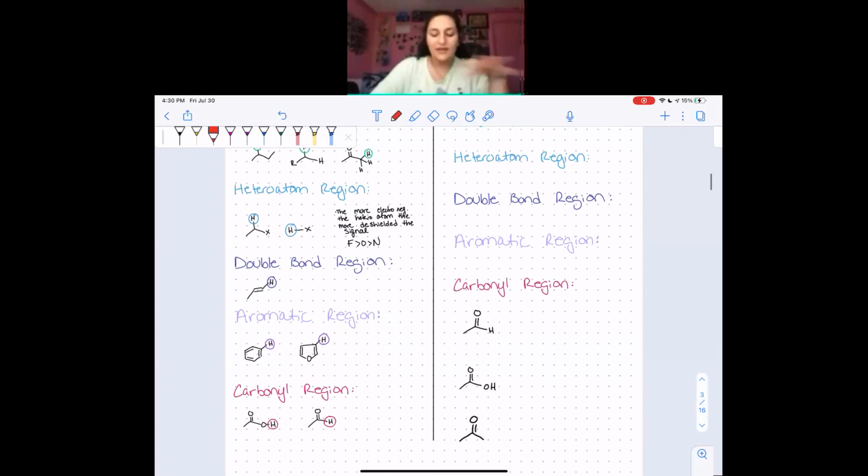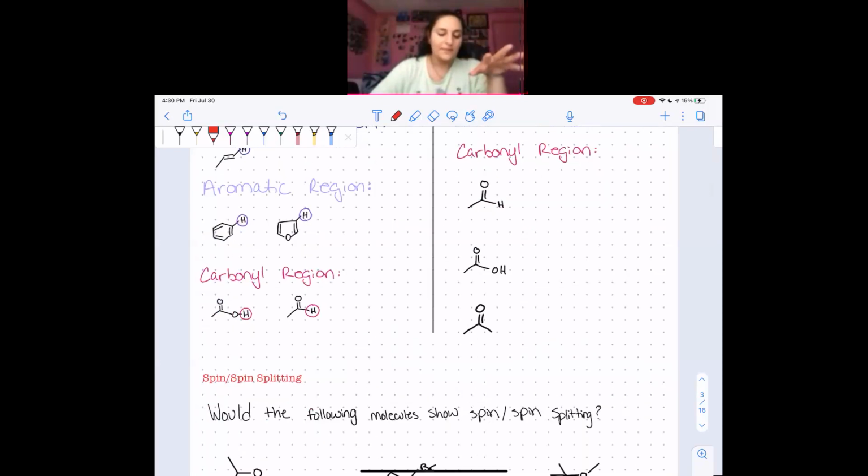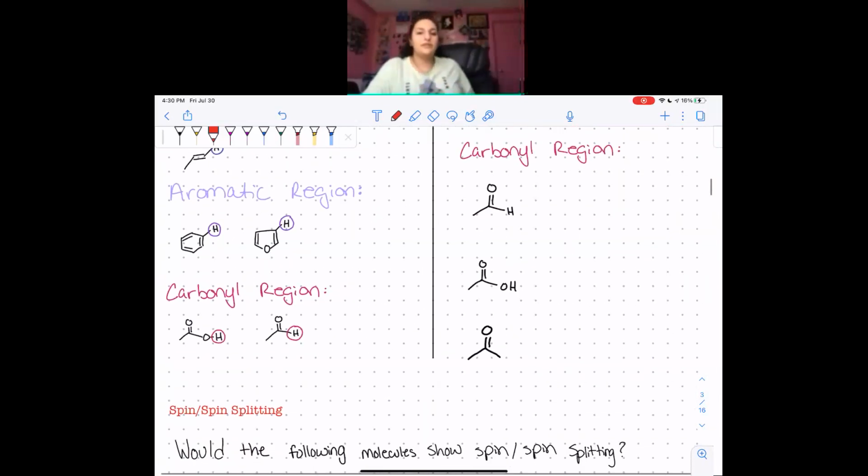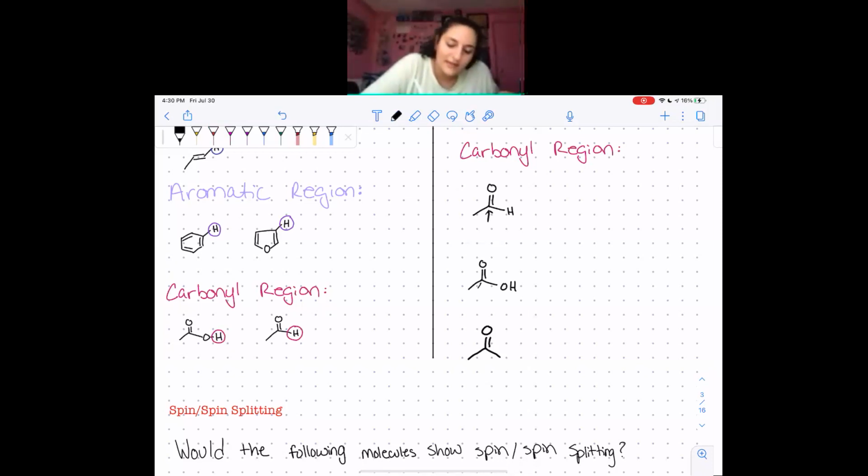The biggest takeaway from here that I want to talk about is the carbonyl region. The carbonyl region in HNMR versus CNMR is very different because in HNMR, obviously, we're looking at the hydrogens. In carbon NMR, we're looking at the carbons.